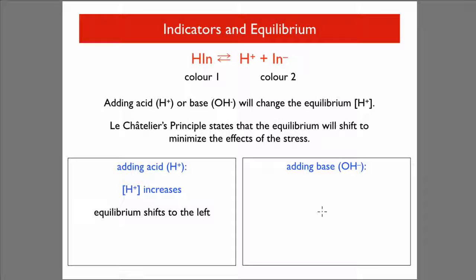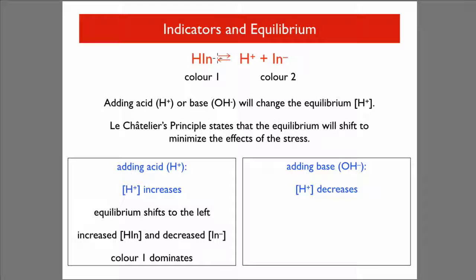The equilibrium will shift to the left to minimize the stress of adding more H+. And so you get an increased concentration of the molecule of the indicator and a decrease in the concentration of the ion. So colour 1, this side of the equilibrium, will dominate.